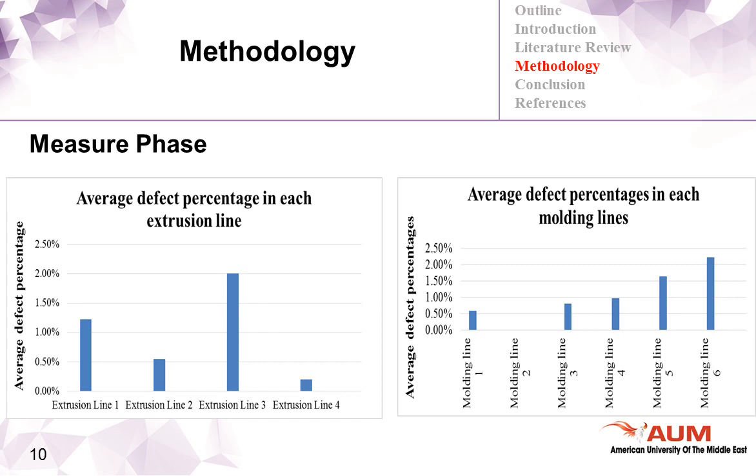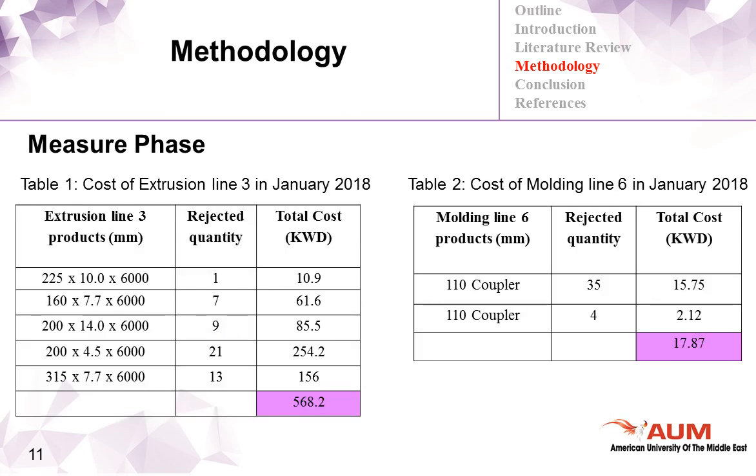Now, to make a decision, we also related these defect rates to cost. As shown here, we calculated the cost of defective pipes in extrusion line 3 and the cost of defective fittings in molding line 6, and we found that the cost of the pipes is around 568 KD, which is equivalent to 7,000 United Arab Emirates dirhams, and the cost of fittings is 17 KD, which is equivalent to 200 dirhams.